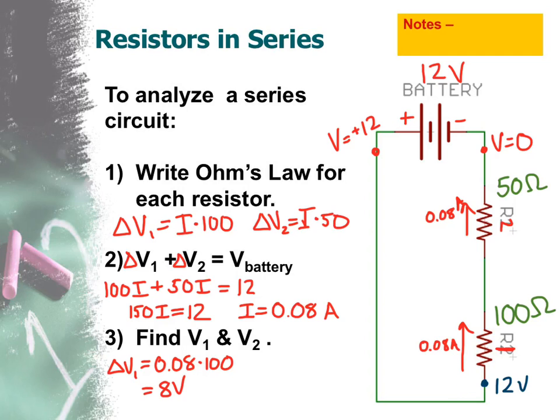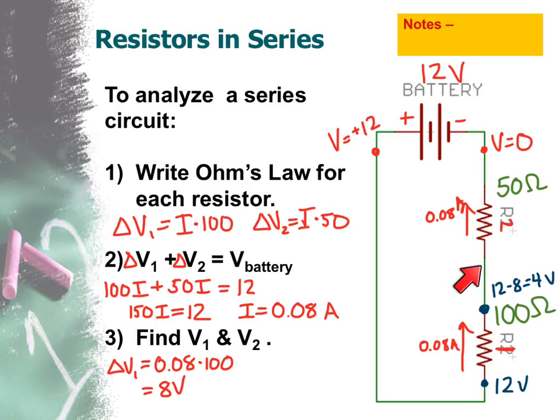I know that this is at 12 volts because that is a continuous piece of wire from up here at the battery terminal. So the other side of the resistor has to be at 12 minus 8, because 8 is the drop, the change in voltage. So 12 minus 8 is equal to 4 volts.